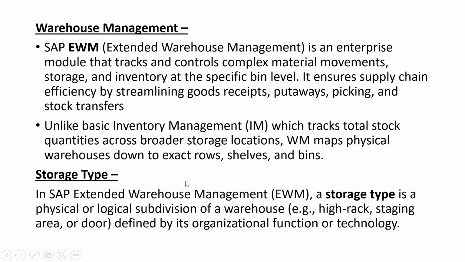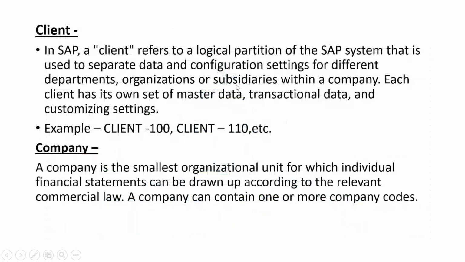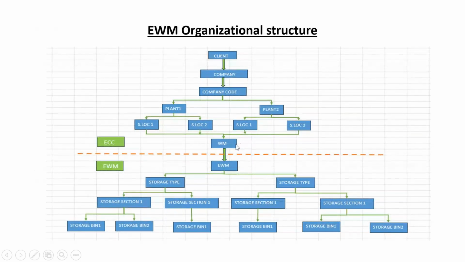So we have completed so far the client, company, company code, plant, and storage location definitions as per SAP. These definitions which are explained are as per SAP. And now let's come to our warehouse.